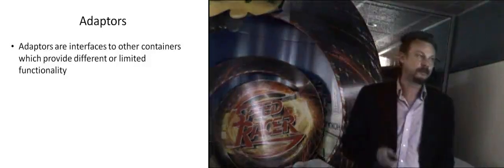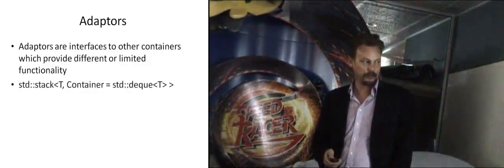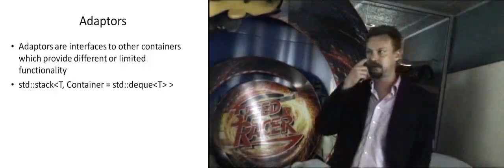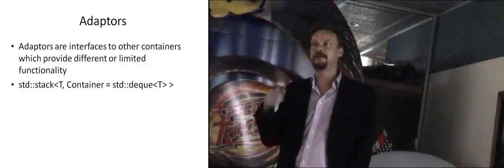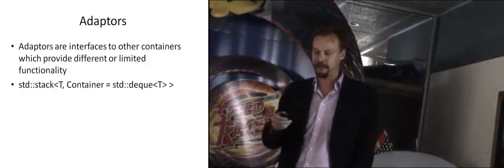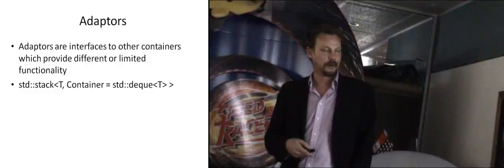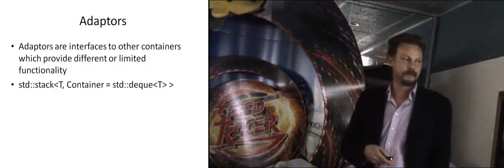Adapters are interfaces to other containers which provide different or limited functionality. For example, the standard stack container which is available to you is not actually itself a container. It's an adapter on another container. The default implementation in STL is to say you've got a stack of type T objects.